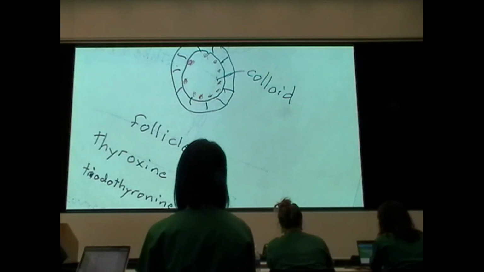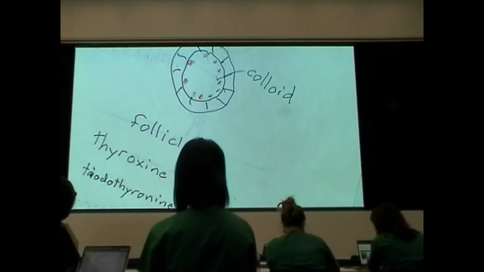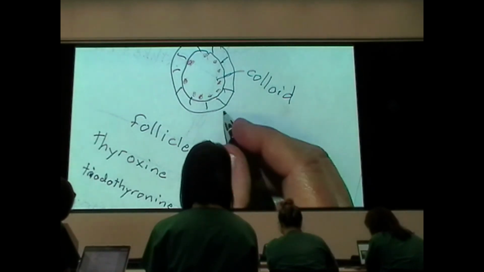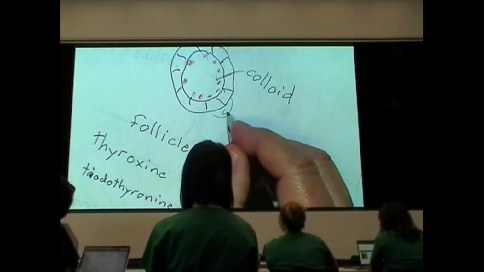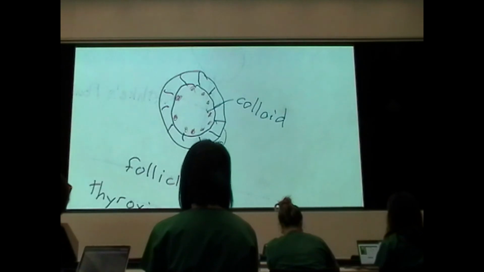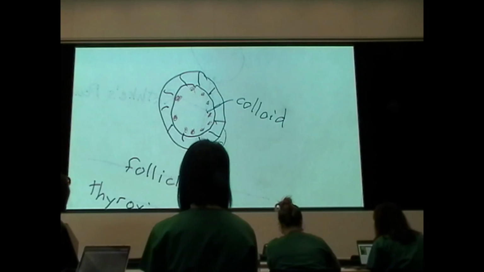Anyway, that's basically the story on the thyroid, except there's one other detail we should mention. If one examines a slide of the thyroid in a light microscope, you will find cells that sit on the outside of the follicle. These cells are within the basement membrane of the epithelium, but they do not reach the lumen.